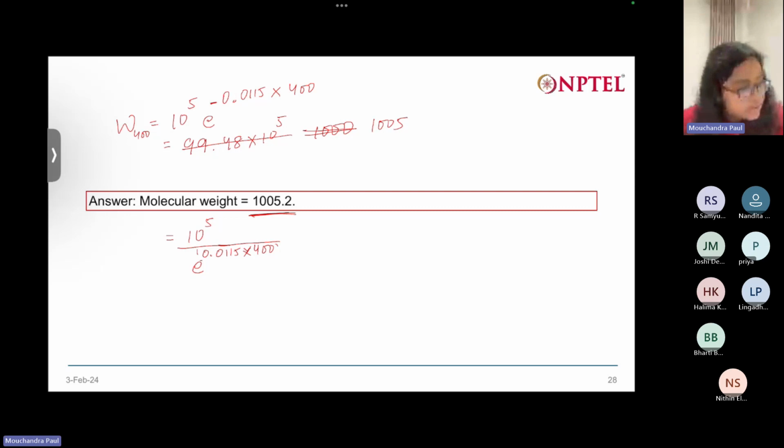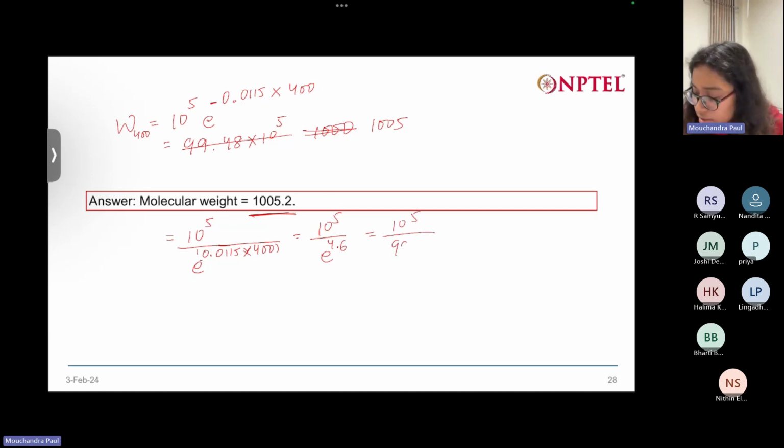Now you just calculate this exponential part. So let me do it. 0.0115 into 400 gives 4.6. Now in your calculator you will find e, so find that and give it an exponent of 4.6.